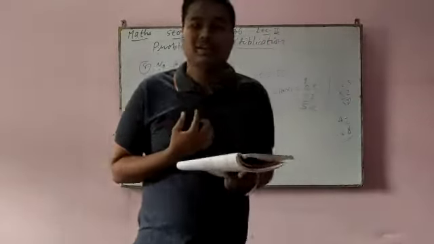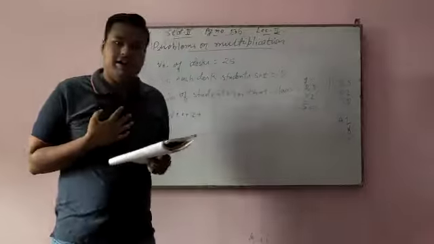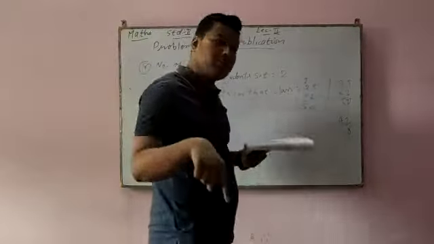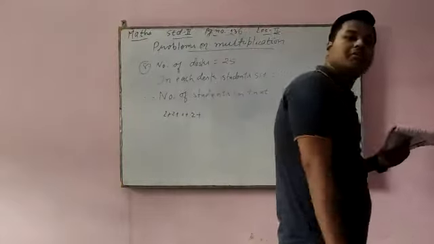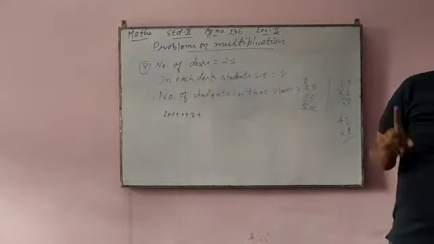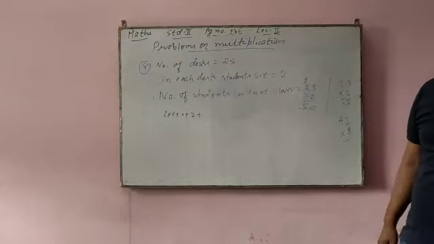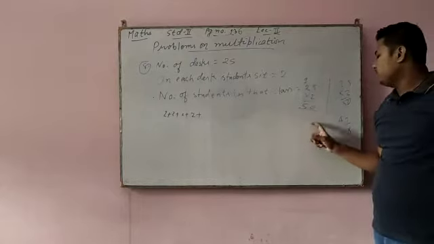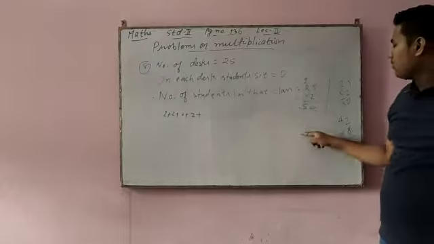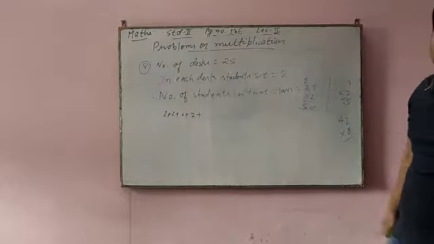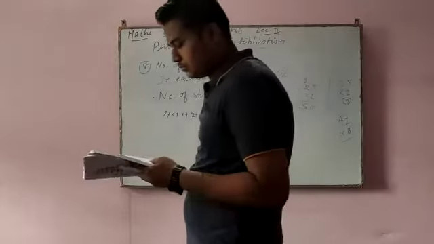Just assume I am in standard 2, so I invite my 35 friends on my birthday, and to each friend I have given 6 balloons. So how many balloons have I given to my friends? One friend 6 balloons, 35 friends how many balloons? So multiply 35 into 6 and you will get the answer.